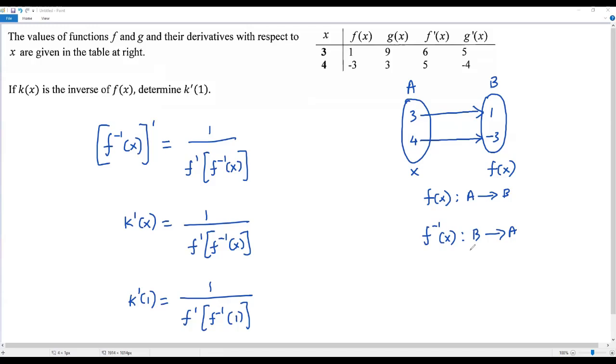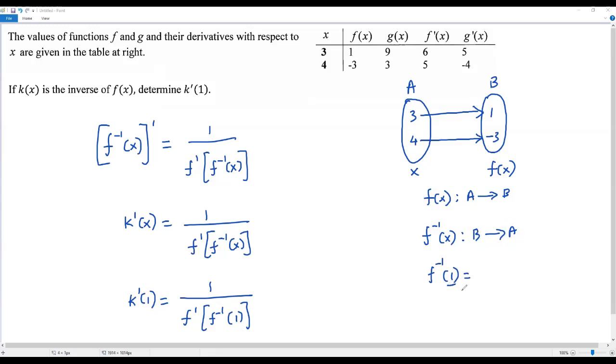So if I consider f inverse of x, that is the B to A mapping, B will contain the values of x and A will contain the values of f inverse of x. Here we need the value of f inverse of 1. So let's plug in 1 over here. As I said already, in f inverse of x, B will contain the values of x and A will contain the values of f inverse of x.